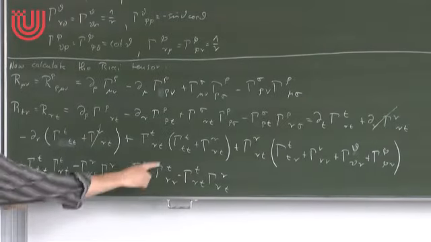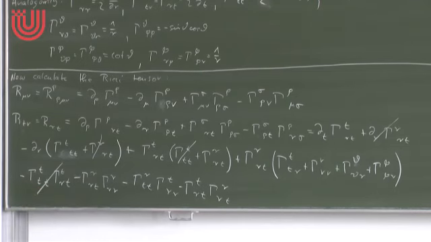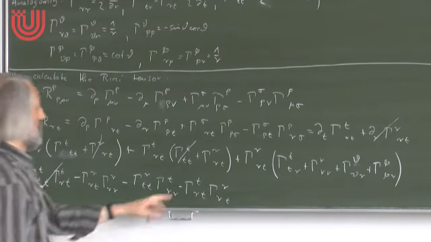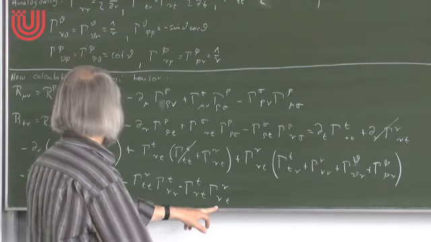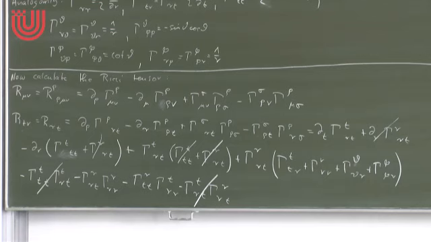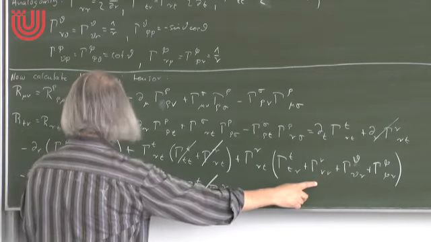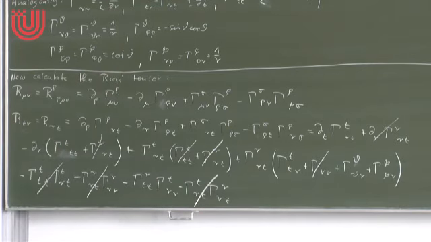I have a TTT here, and this also goes away. RRT, RRT, TRT, that's these two. Anything more? Maybe this here? RR, yes, this also. And I think that's it. The rest we have to calculate.